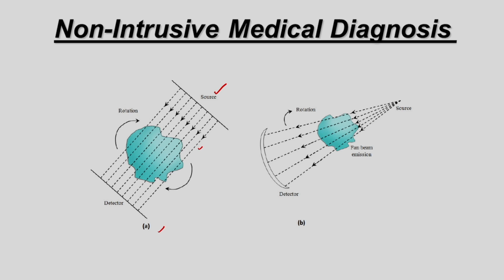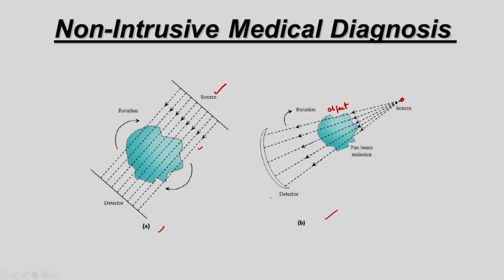If I compare this arrangement, another arrangement is the one shown in B, the second arrangement. In this case the source is not moving. Instead I am considering the fan beam emission. The beam is rotating. This is the source, the X-ray source. Now the beam is rotating. This is my object and this is the detector.